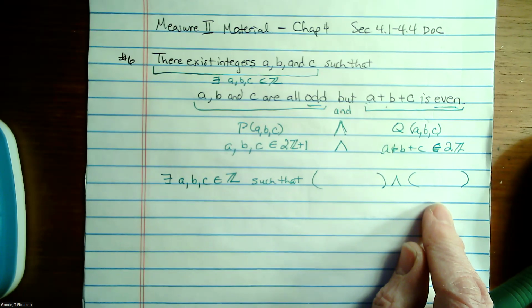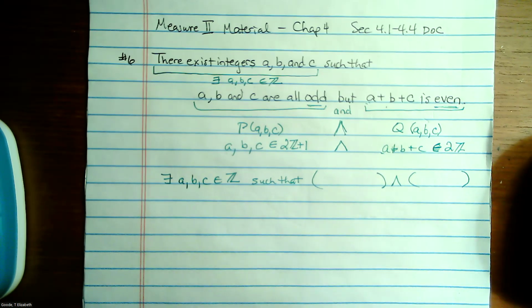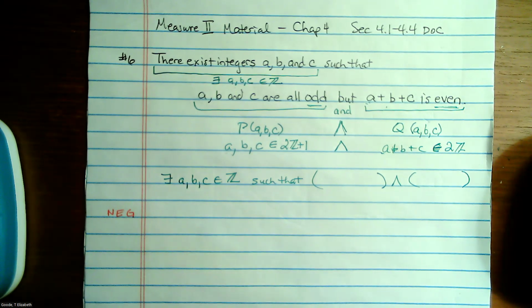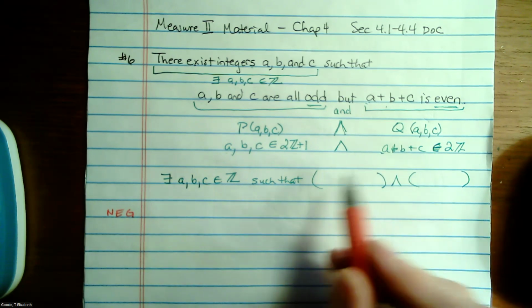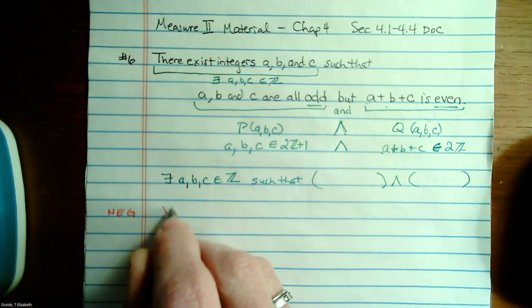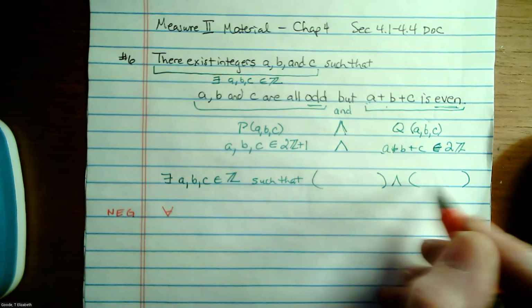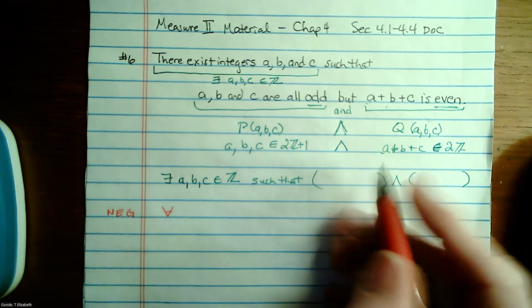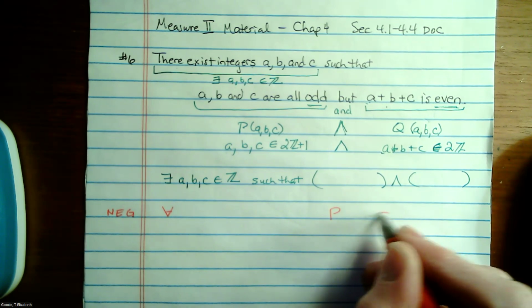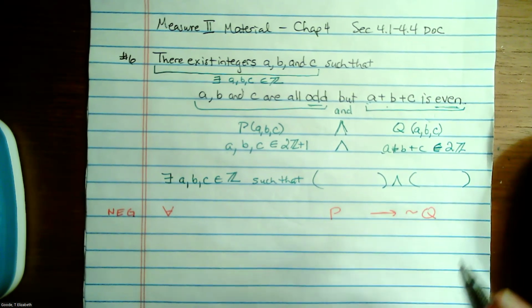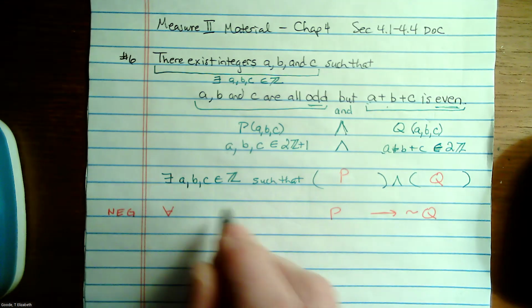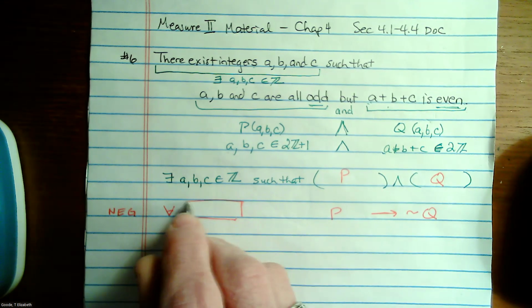And for the negation, the "and" would become a conditional arrow. That's right. Because this flips to for all. The negation of P and Q is that P implies not Q. Okay, that makes sense.